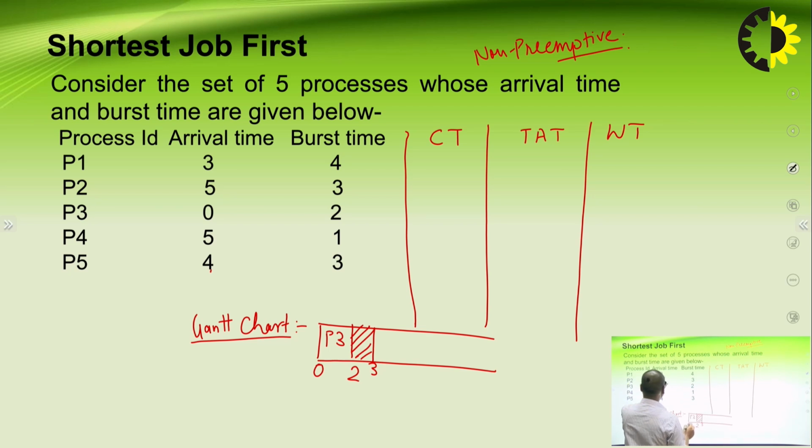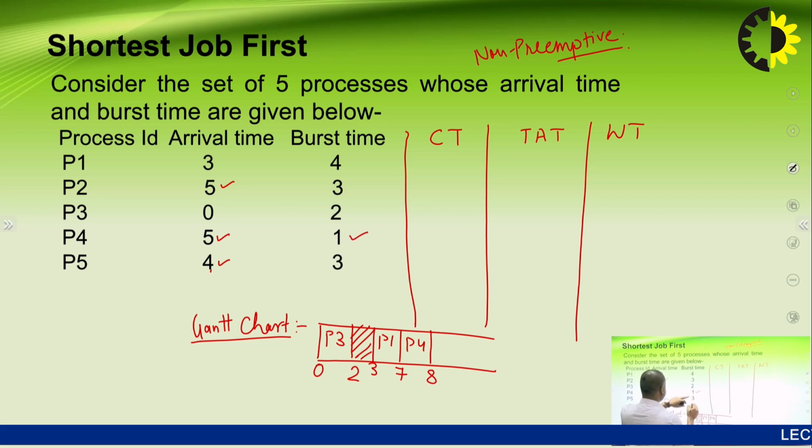For that P1 will run, 3 plus 4, then it will be 7, but these three have come in the CPU, and we will check which process has the minimum burst time. So this has the minimum burst time, P4, but these two are the same, and this is the minimum. So P4 will run, and it executes up to 8.